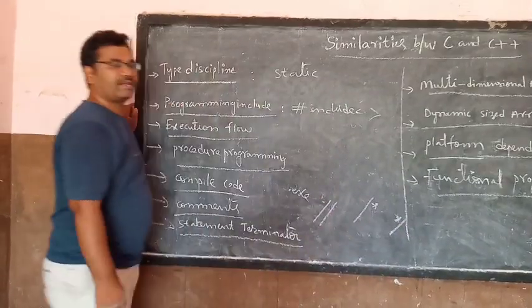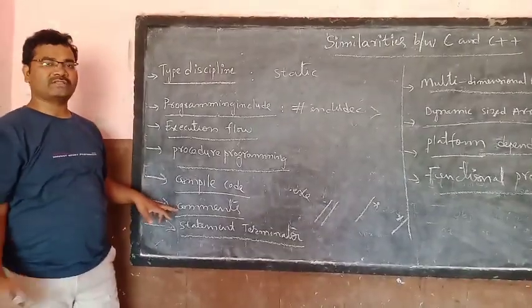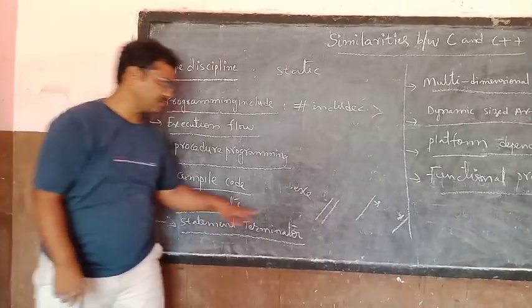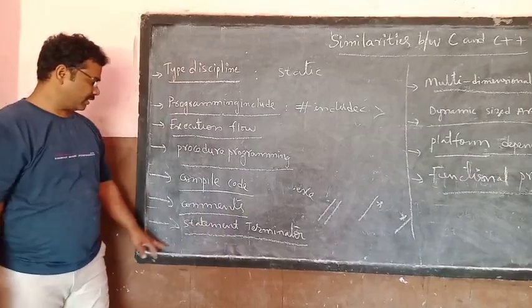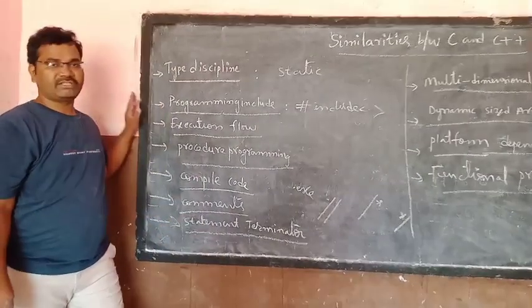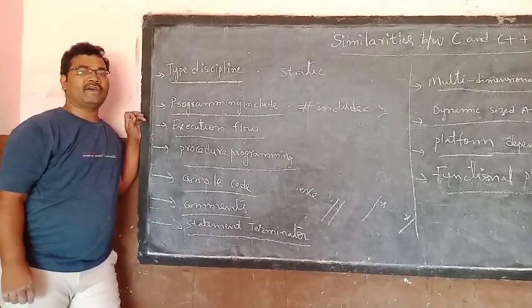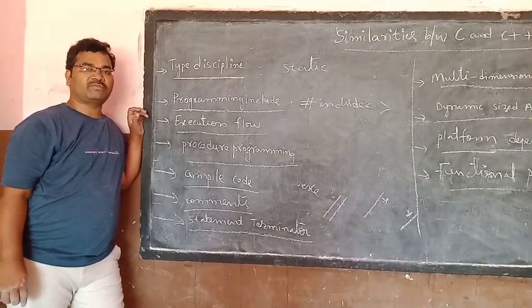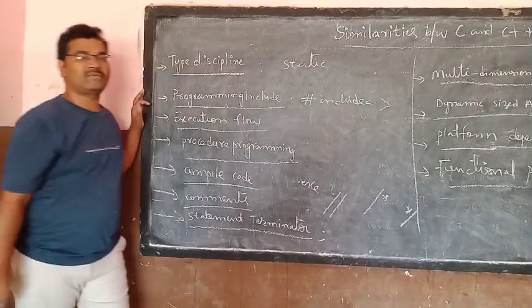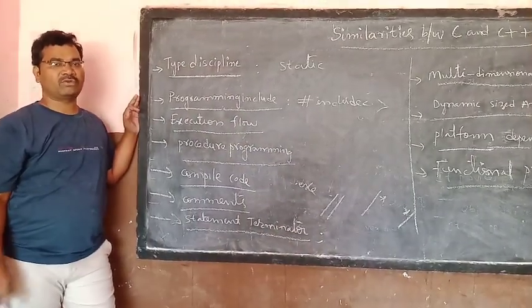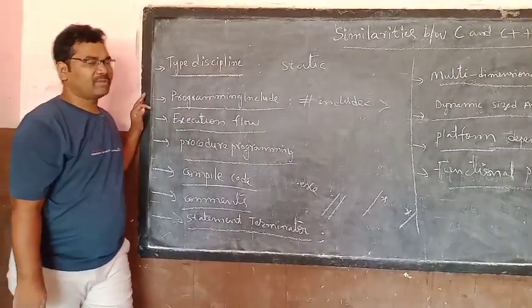Both C and C++ support two types of comment lines: single line and multiple lines. Next point, statement terminator. Every C and C++ program statement terminates with a semicolon.